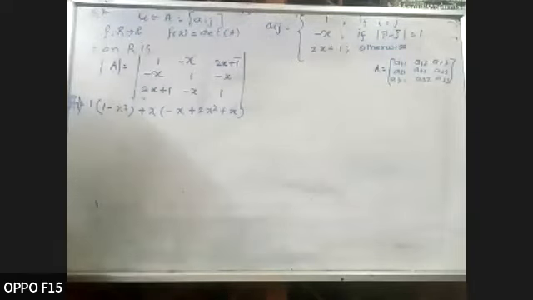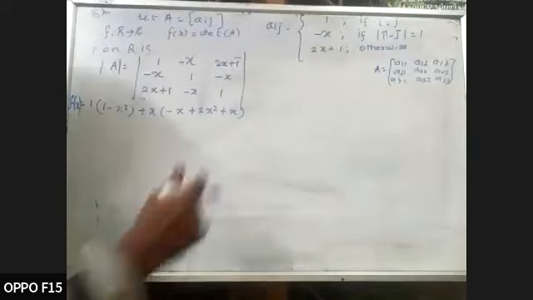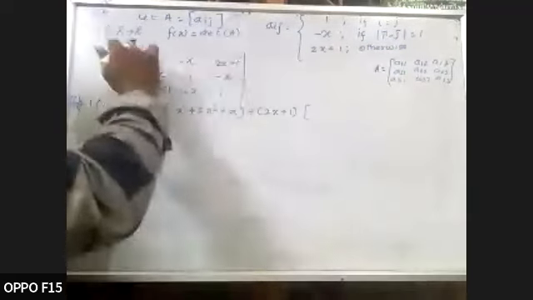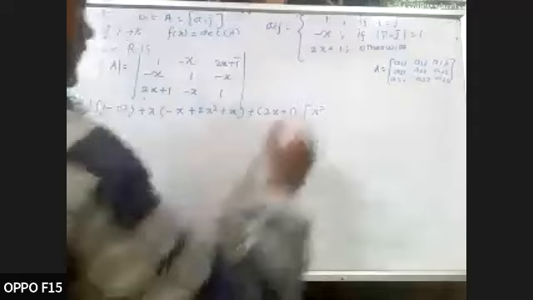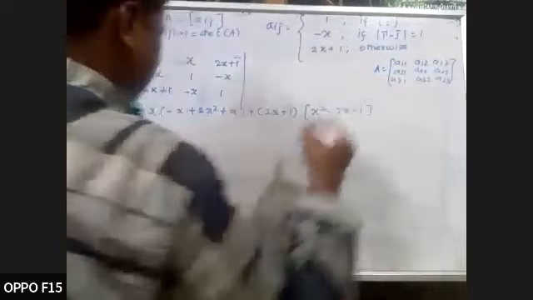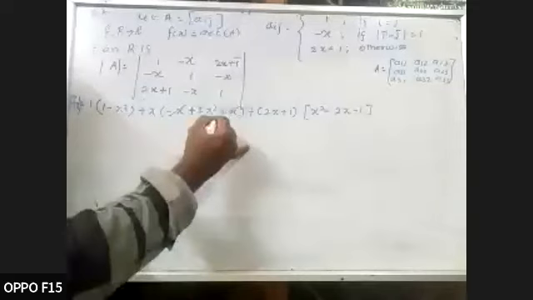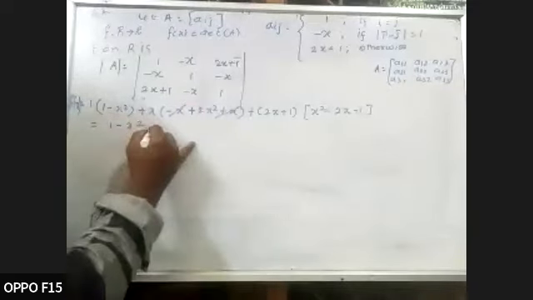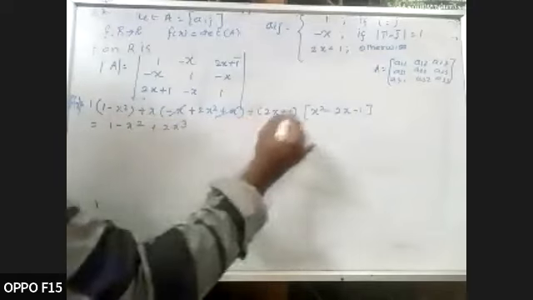There. Next one. Plus 2x plus 1. This row, this column, minus into minus plus x square, 1 into 2x minus 2x minus 1. So now you simplify. Plus x minus x will get cancelled. We have 1 minus x square plus 2x cubed.